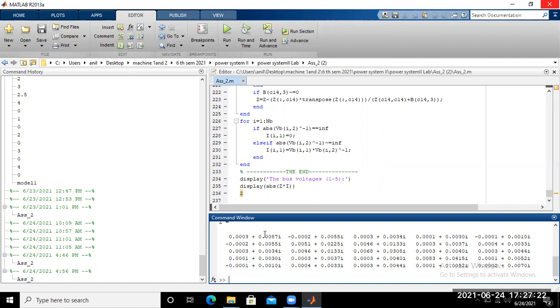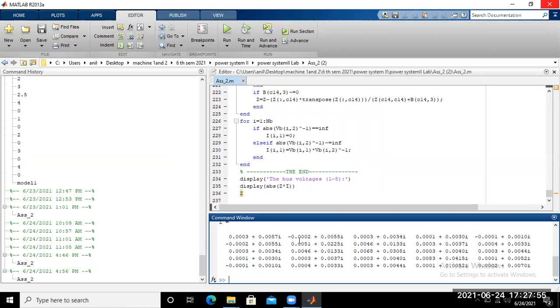That means the resistance value is 0.003, and the second term, 0.0087, is the reactance value. Here it is shown without j. In the program we already mentioned that the reactance value is put without j, so in the result also the reactance value is shown without the j. So this is your Z11, the resistance and reactance value.